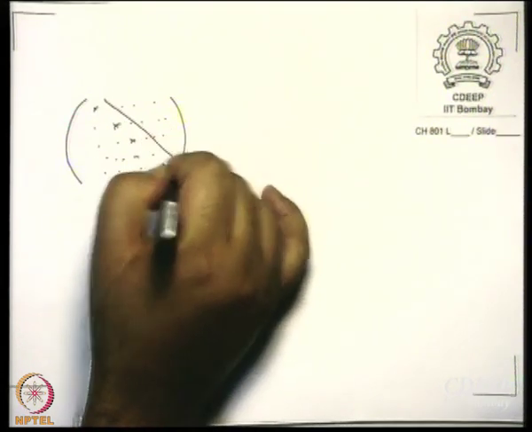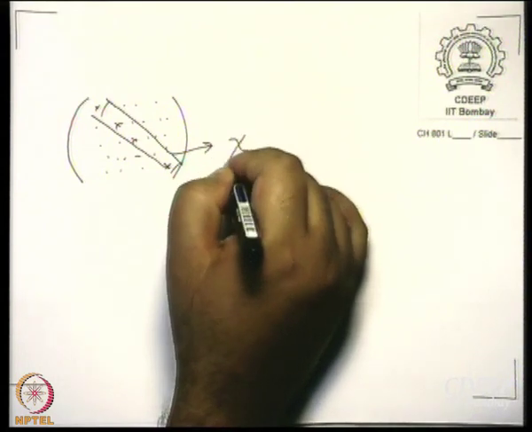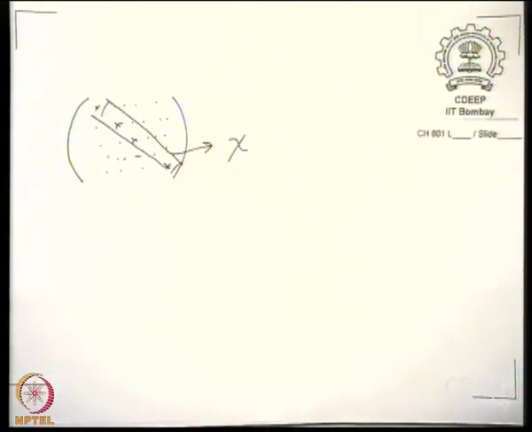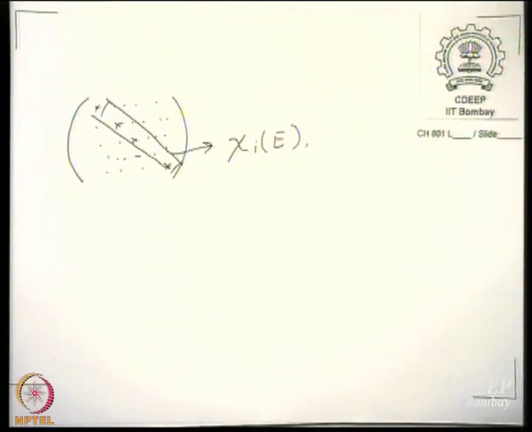So if I add up all of these, then the quantity that I get is chi, the character or trace, whatever you want to call it. Now, what is chi i E?